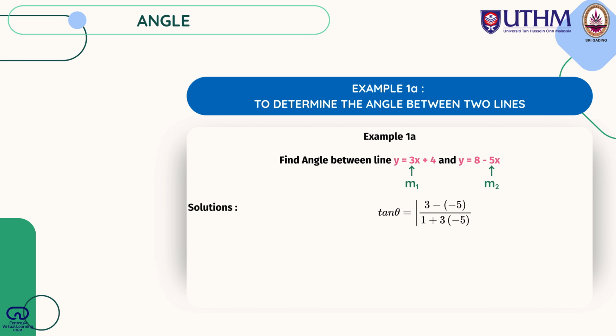Substitute both values into the formula. This gives us tangent theta equals to 4/7. Now, use the arctangent. Theta equals to tangent inverse 4/7. So the angle between the two lines is approximately 29.74 degrees.